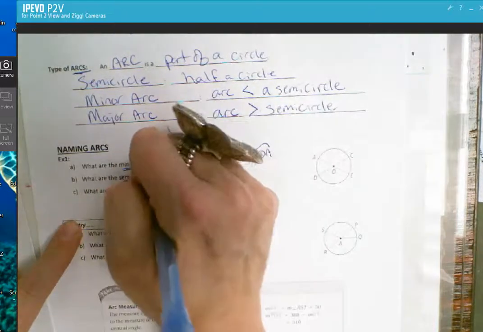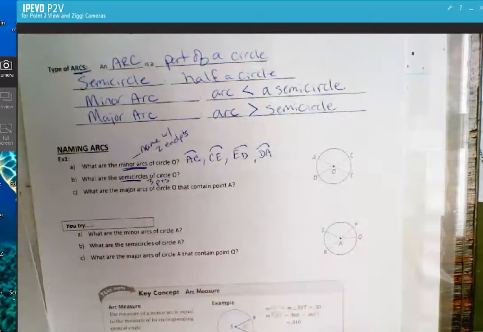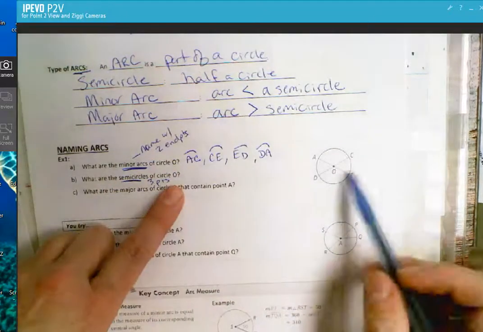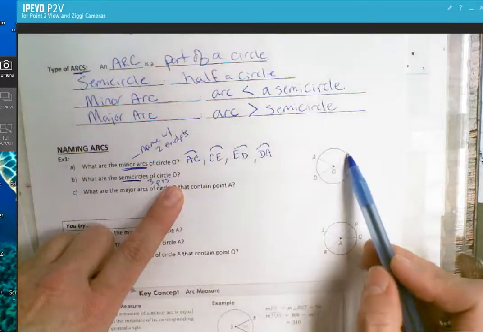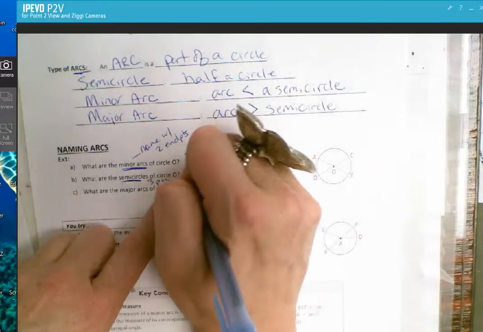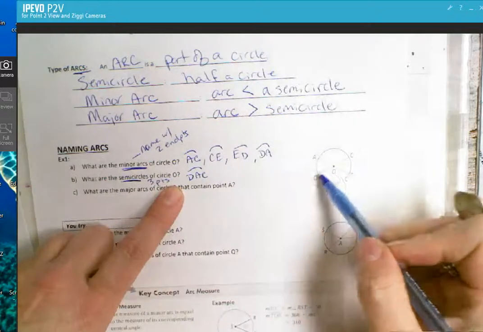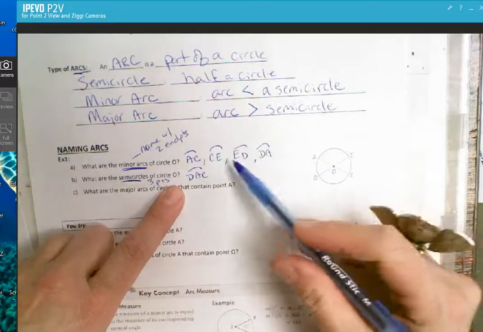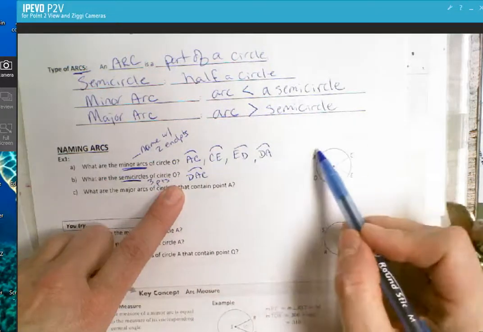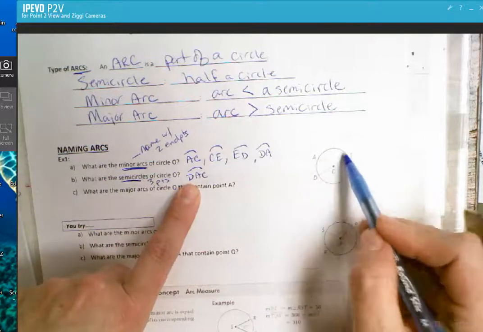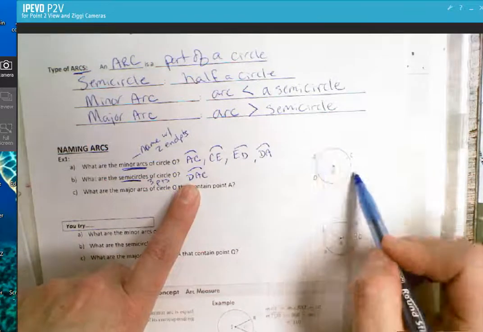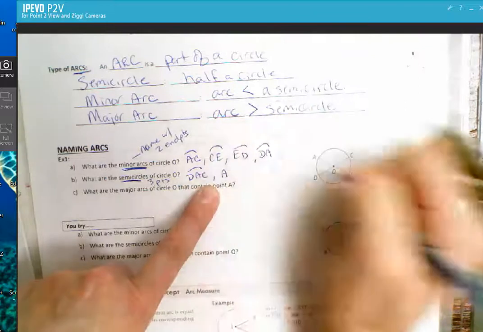Semicircles have 3 points. So I know a semicircle is chopped in half by the diameter, so I can name it arc DAC. And it tells you which direction I'm going by the naming of it, D to A to C. So I'm talking about this half of the circle. Or I could have this arc right here that's still connected with the diameter, and I would call it arc ACE.